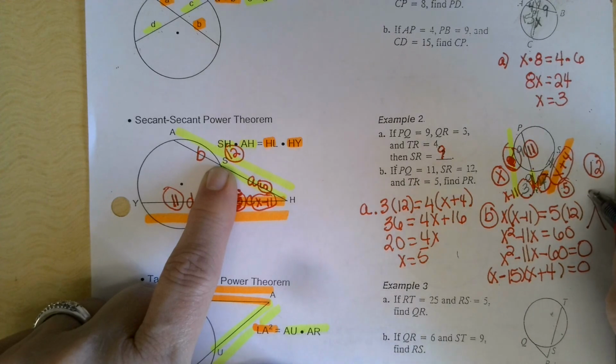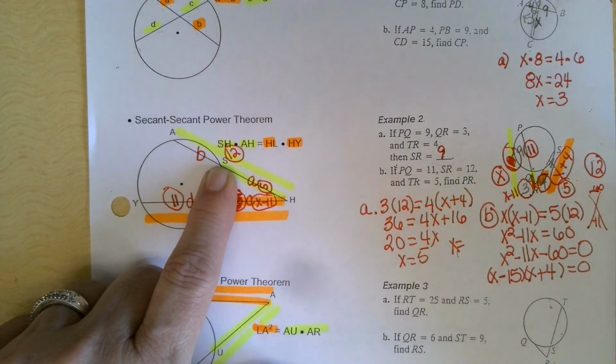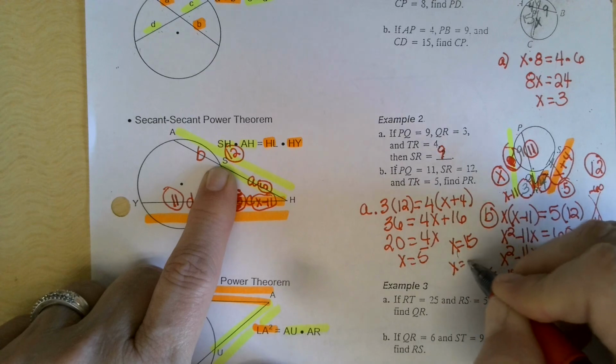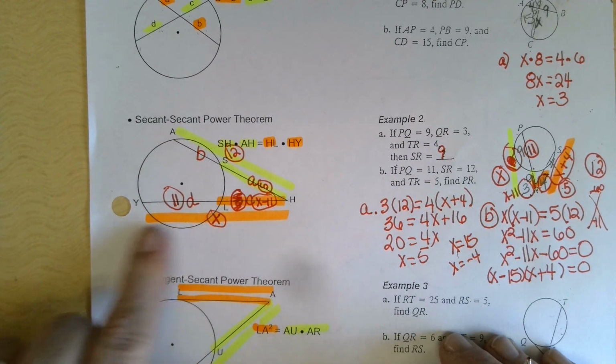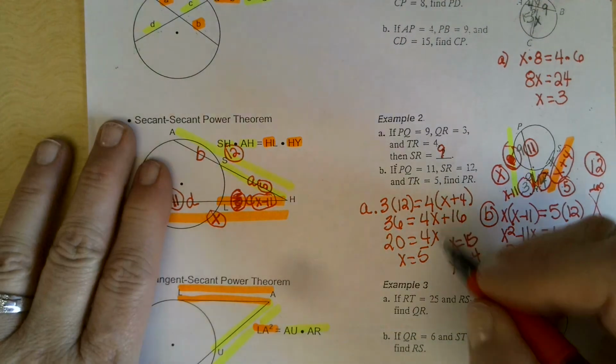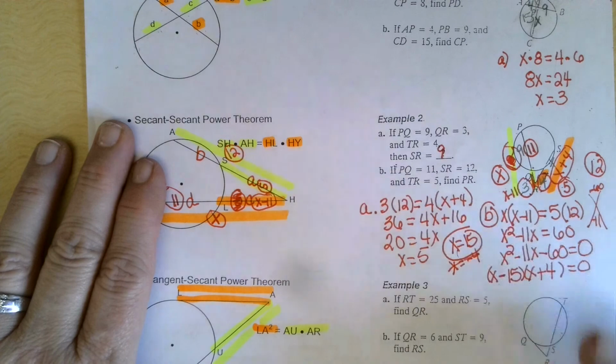We're trying to get a negative 60 and add to get a negative 11. Okay, so that does work. And then we get X equals 15, X equals negative 4. We cannot have a negative value, so this cannot equal negative 4, so we're going to throw that answer out, and the answer would be X equals 15.